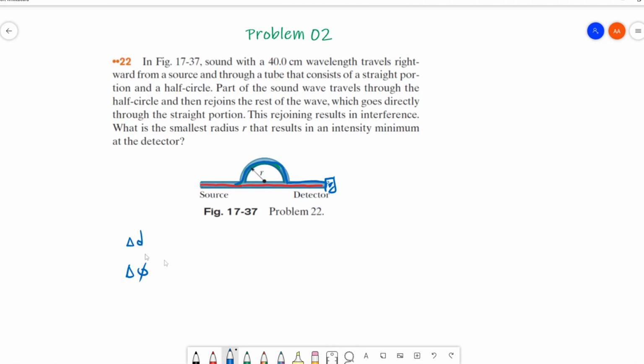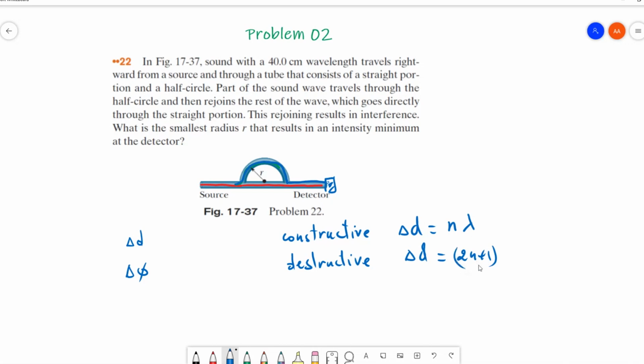We have constructive interference if delta D is equal to n times lambda, and destructive if delta D is equal to (2n plus 1) lambda over 2, so here it's half the wavelength.